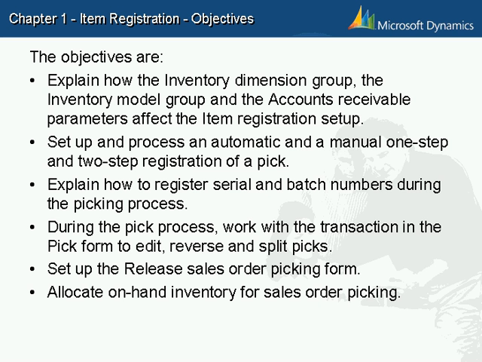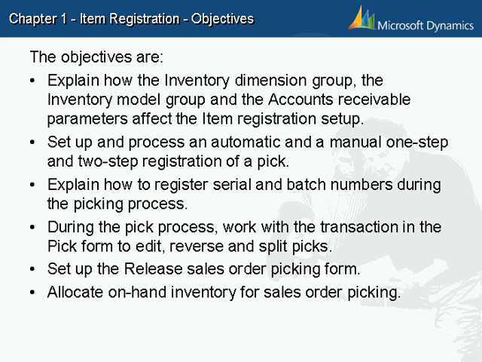Now, let's talk about Chapter 1, Item Registration. We have these objectives. Explain how the inventory dimension group, the inventory module group, and the accounts receivable parameters affect the item registration setup. Set up and process automatic and manual 1-step and 2-step registration of items.